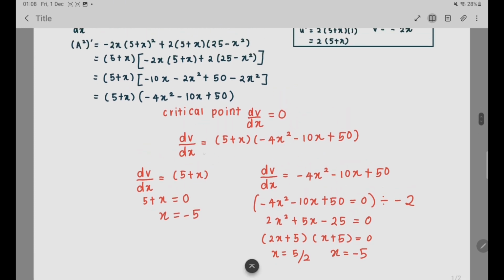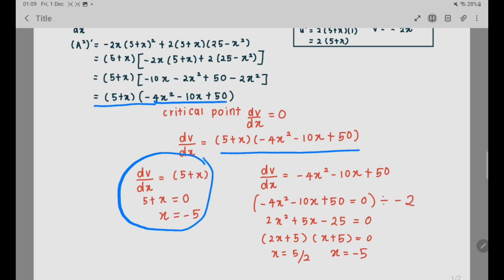So for A squared prime, we got this equation in this whole equation here. We simplify it into this, this one and this one. After you simplify and get the roots, there are critical points, and you need to find which one is the maximum point.